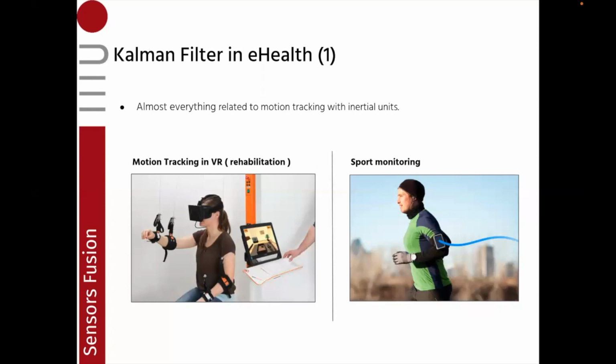This can be achieved by using a camera and coupling it with some inertial unit to track the accelerations. And actually, with a Kalman Filter, we are able to fuse this data to have a reliable 3D position of the body part. The use case is rehabilitation, but we can generally say that Kalman Filter has a large impact in the virtual reality domain.